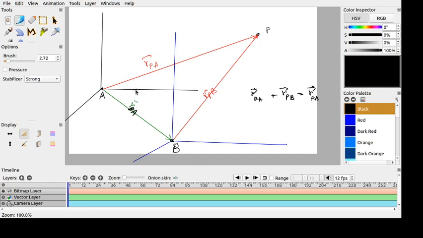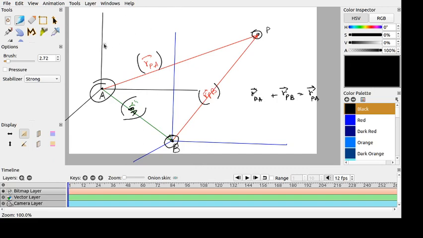Now you will see in this relation that the observer A can find the location of B also and the location of the body as well. You can see the location of body is this and the location of B is this. Whereas B only has one position vector from it, which is the position of the body.